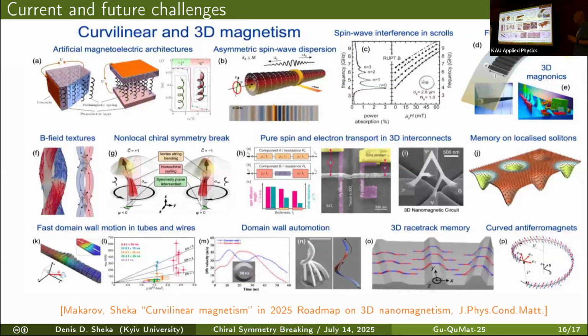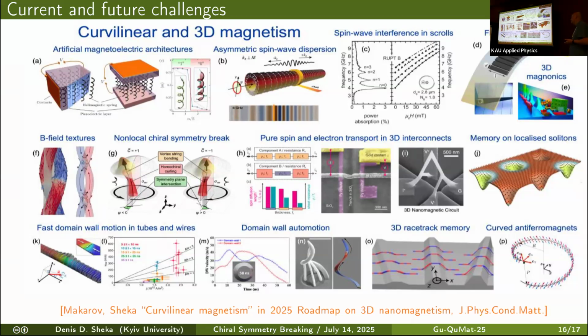To end my talk and sum up the results, I would like to say that curvilinear magnetism is a branch of material science which gives a possibility, just by bending or twisting conventional magnetic films, to obtain magneto-chiral and anisotropic responses.